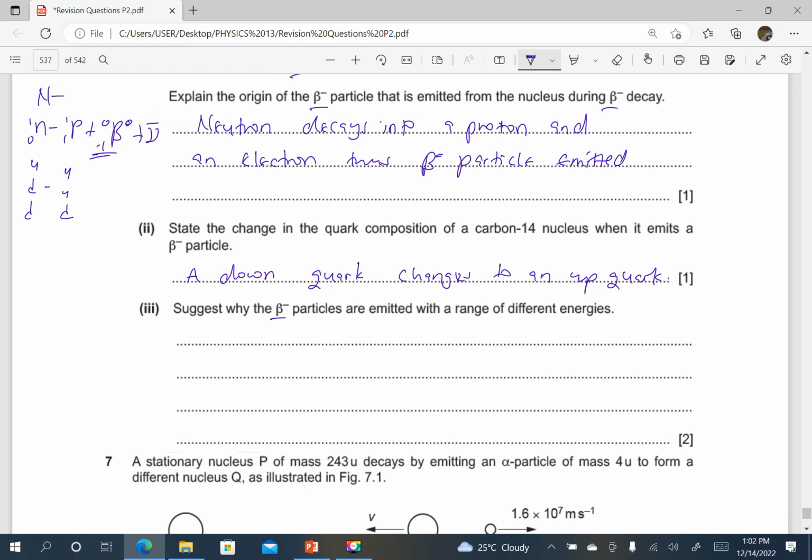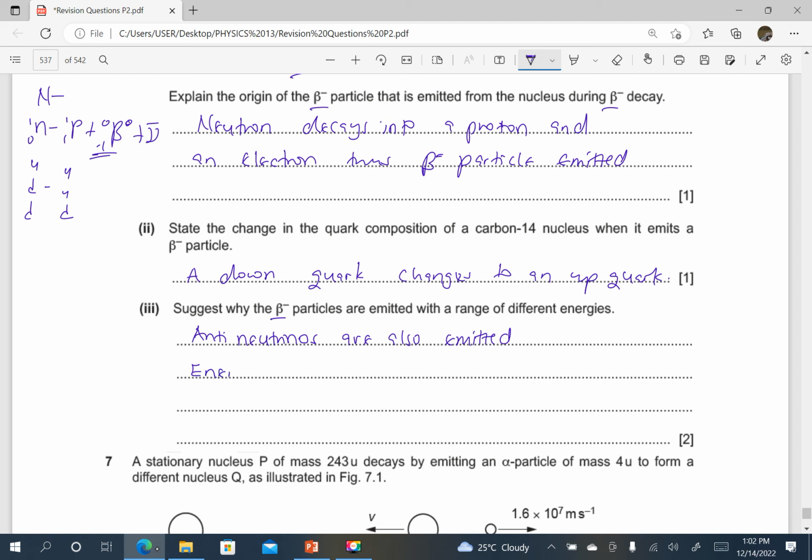So electron antineutrinos are also emitted. So the energy released in the decay is going to be shared between the beta minus particle and the antineutrino.